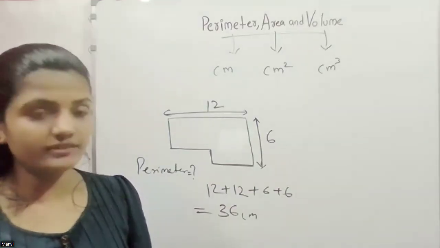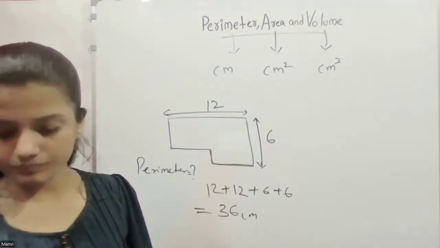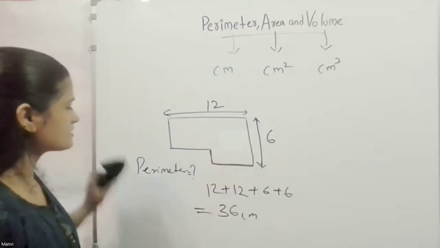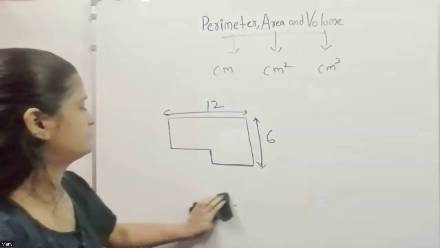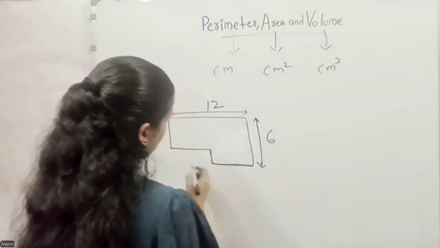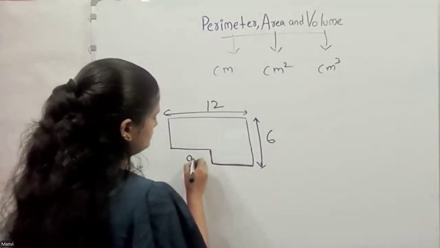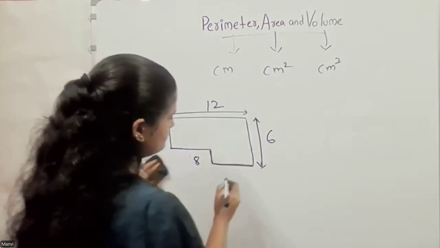Sometimes we would need to calculate the area of this type of shape as well. For that, they may give us some different information. This one is 8. That one is 12.